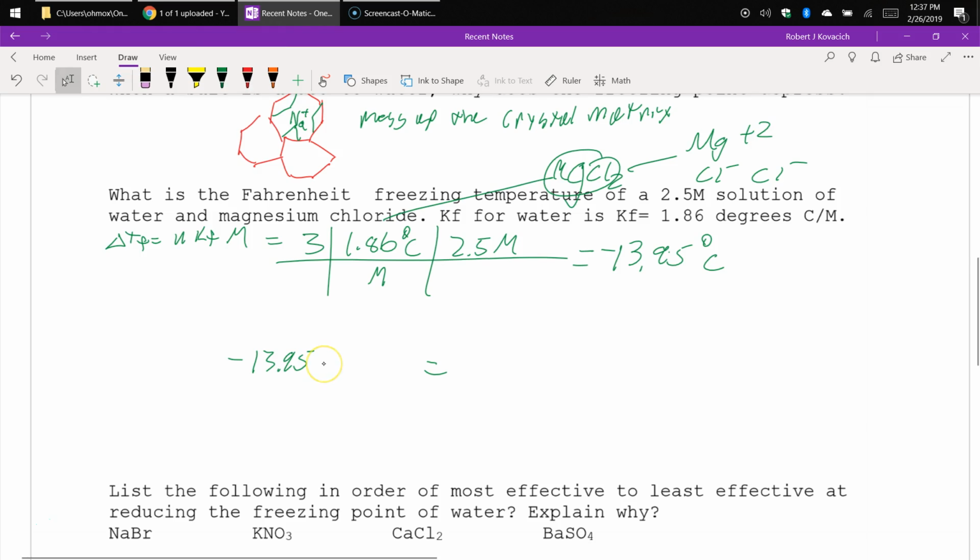It's times 9/5, then add 32. So what's this work out to be? 7.89 degrees Fahrenheit. All right, that makes sense.